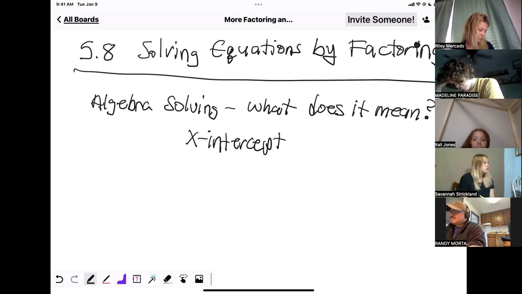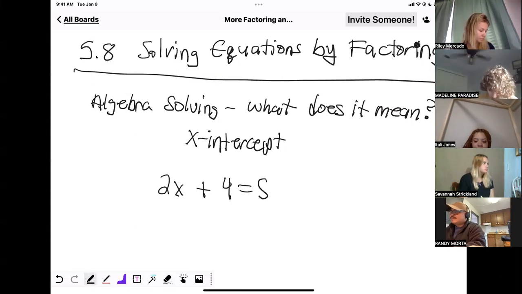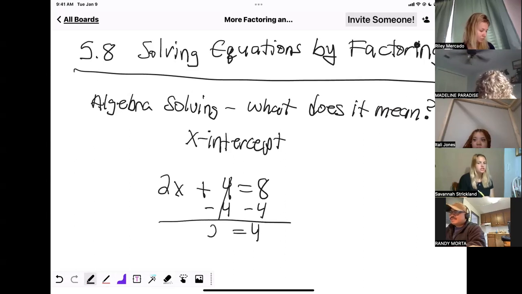So even when you do a linear equation, well, let's look for a second. 2x plus 4 equals 8. If I was going to solve this, I subtract 4, I get 4 equals 2x, x is equal to 2.